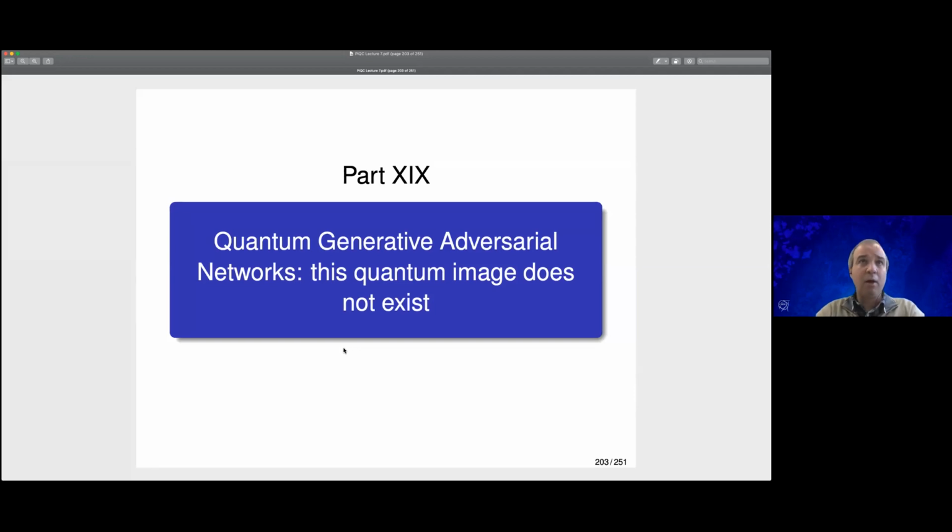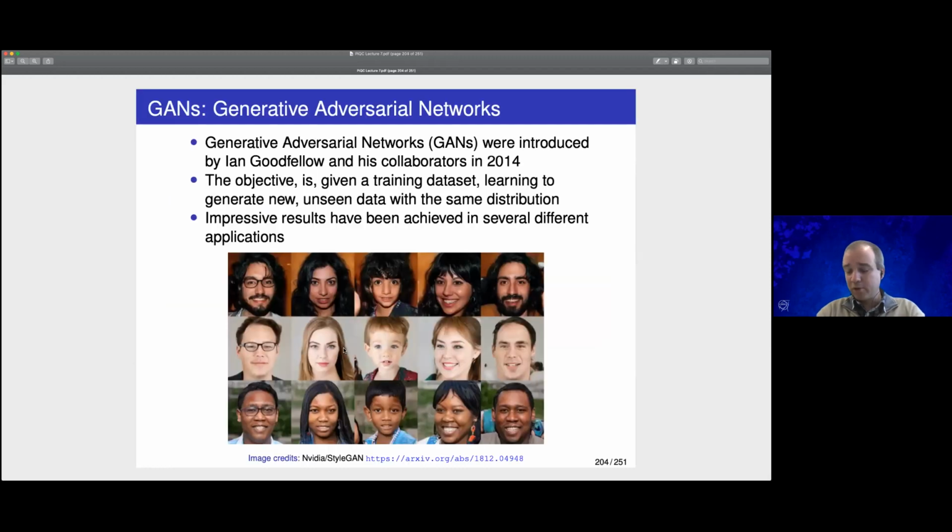This is what is usually called quantum generative adversarial networks, which of course is the quantum version of the famous GANs, generative adversarial networks, that were introduced, if I'm not mistaken, in 2014, and since then have become extremely popular.